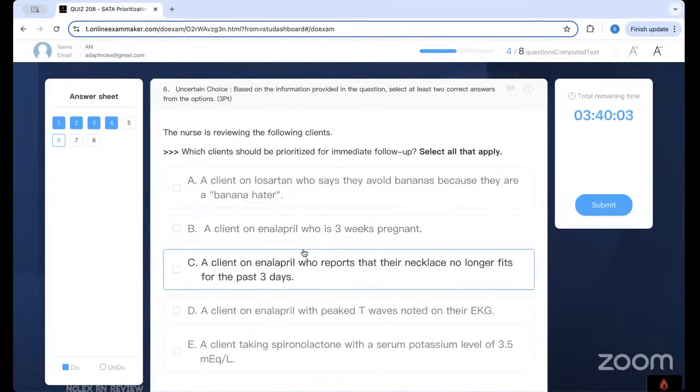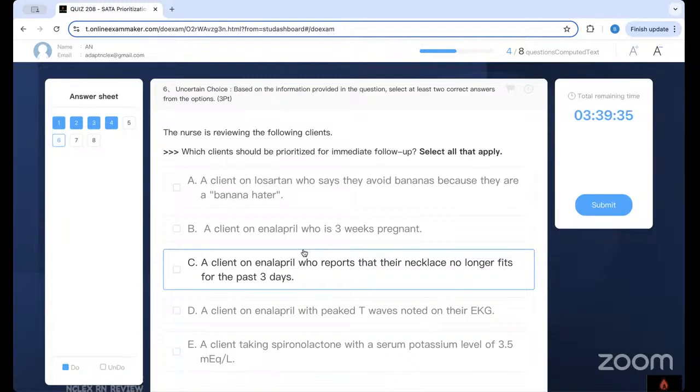Next question. Which client should be prioritized for immediate follow-up? That means we have to take care of them right away. The client on losartan who says they avoid banana: is that okay? A client on enalapril who is 3 weeks pregnant: should you worry about that patient?